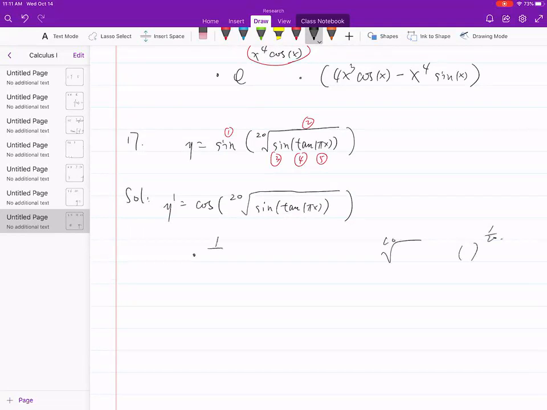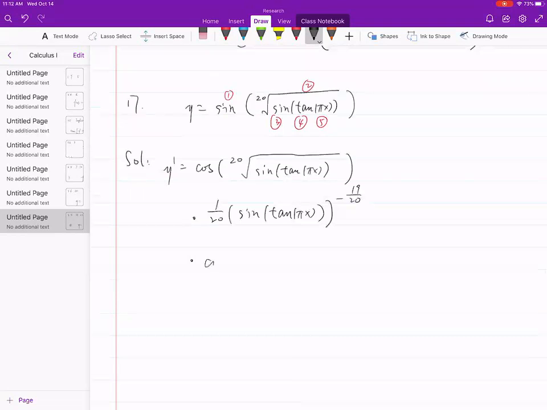So 1 over 20 to the negative 19 over 20 times now the sine times now the tangent, finally the pi x.